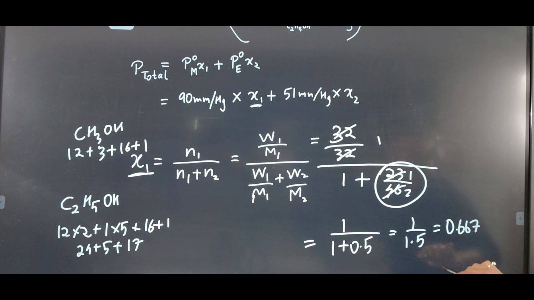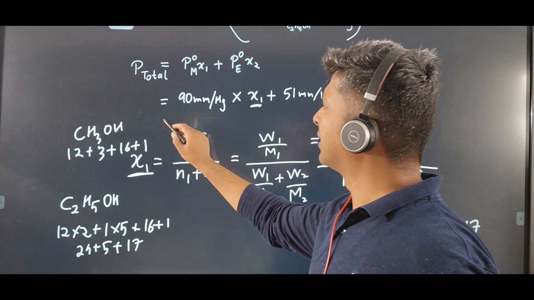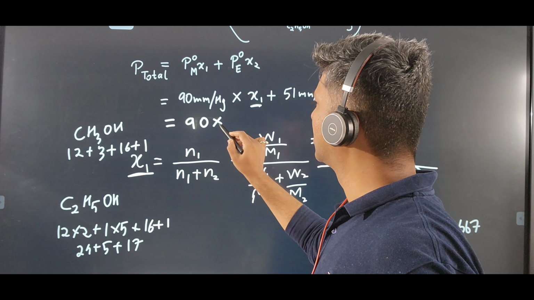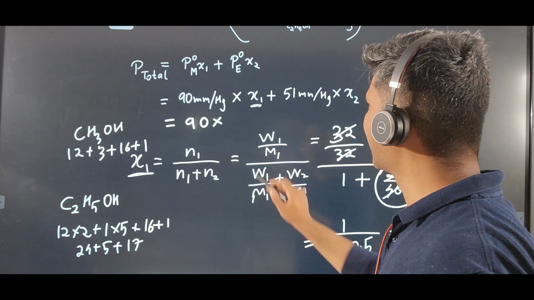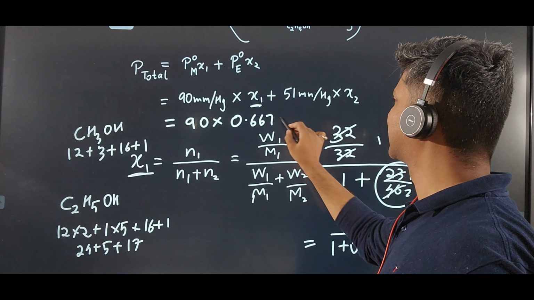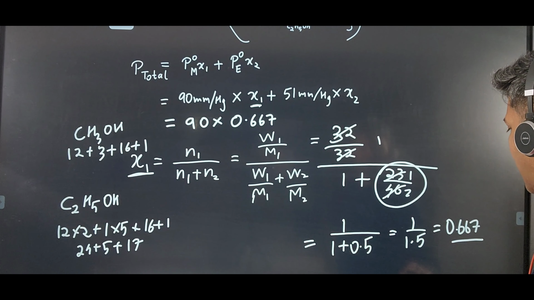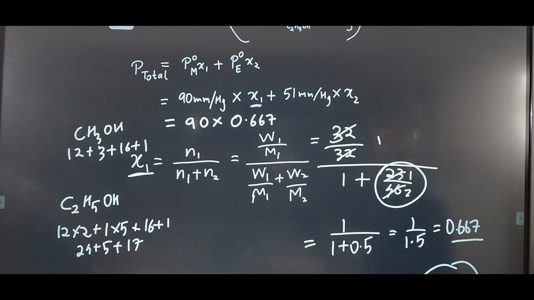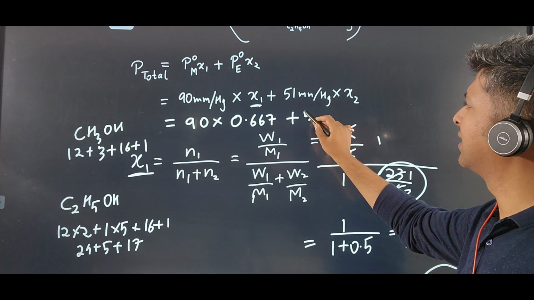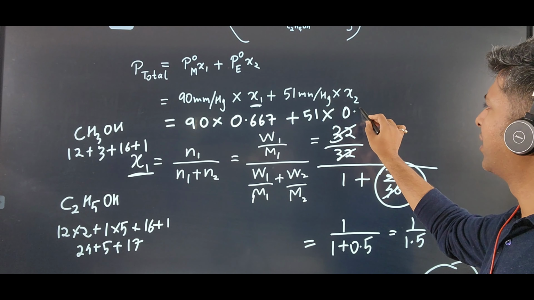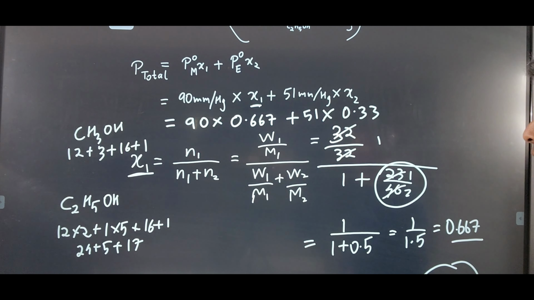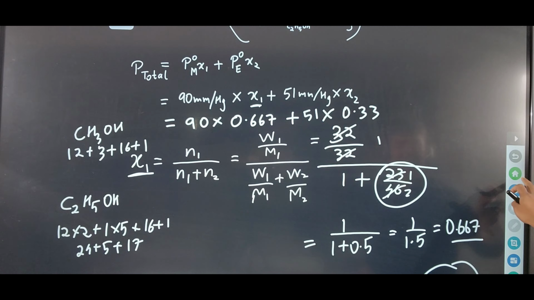Now let's put the x1 and x2 values over here. 90 into the x1 value, which has come as 0.667, and the value of x2 is 0.33. So plus 51 multiplied by 0.33. Once again we require the calculator for multiplying 90 into 0.667.